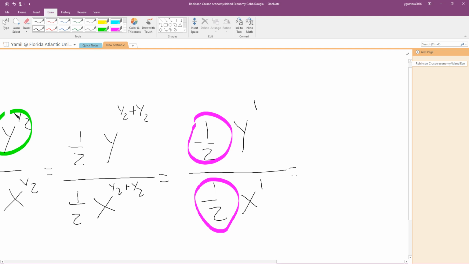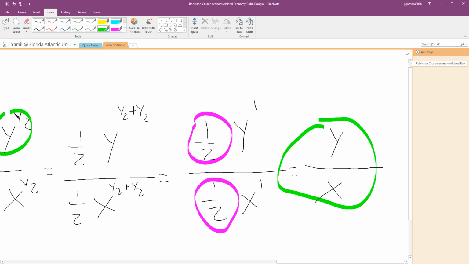Okay, so we have y on top and x on the bottom, and guess what, this is our RPT, and we just found it using basic calculus.